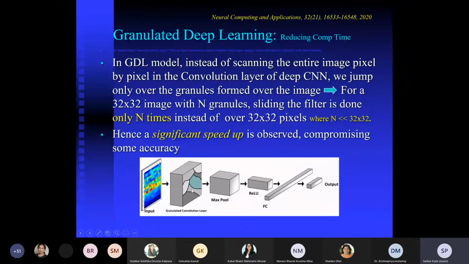Therefore, for a 32 by 32 image with n granules, where n is much, much smaller than 32 by 32, sliding the filter is done only n times instead of over 32 by 32 pixels. Hence a significant speed up is observed, compromising with some accuracy.